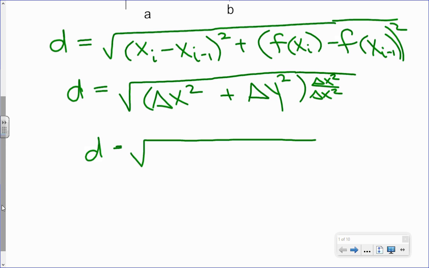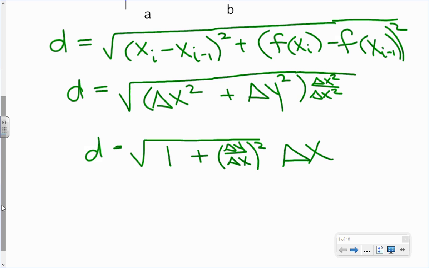I'm going to bring this delta x squared as a denominator and multiply it to this delta x squared. It becomes 1. Plus, if we take the denominator and distribute it through, we have change in y over change in x squared. But then we didn't distribute the numerator through, did we? No. But if we take the square root of delta x squared, we have delta x.